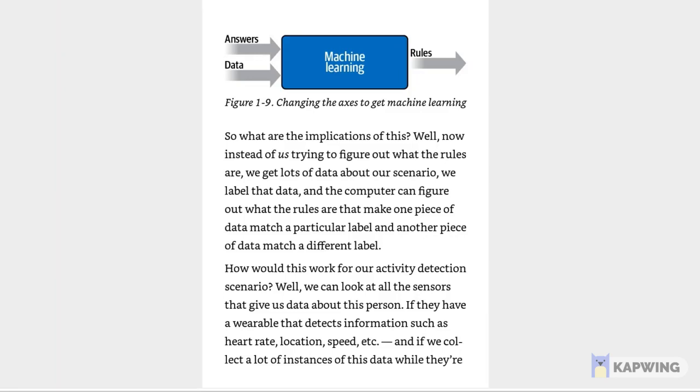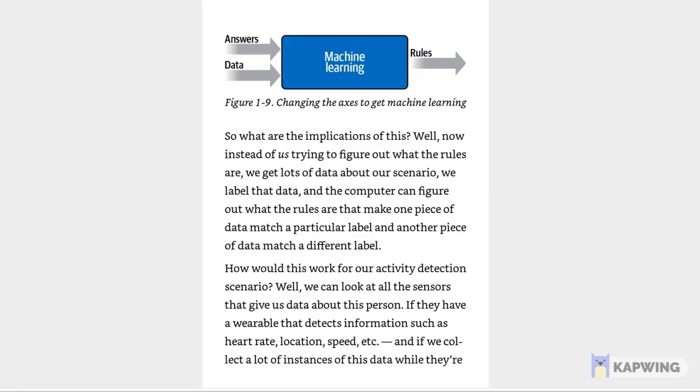Nowadays we are all using wearables like our phones and our watches. Anything smart that we use is a form of wearable. The wearables can get all the information like heart rate, location, speed. All that information can be stored in the form of data, and we can label it.